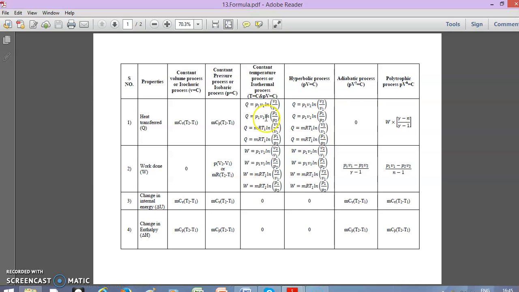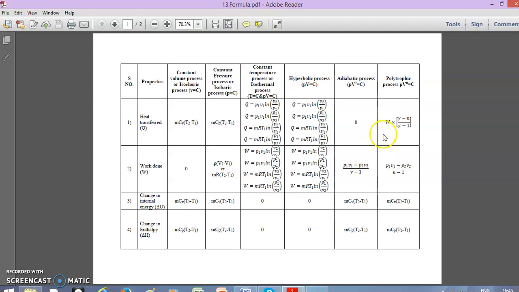So Q is equal to P1 V1 ln(V2 by V1), or we can replace V2 by V1 with P1 by P2, and P1 V1 is equal to mRT1, so I have replaced P1 V1 with mRT1. Here del U is 0, so Q is equal to W. The same formula used for Q can be applied for W, as both are the same. So if you know only one, you can complete the remaining cells of the tabulation.